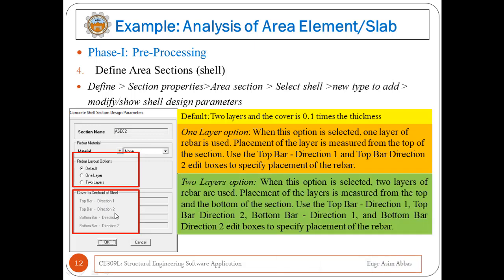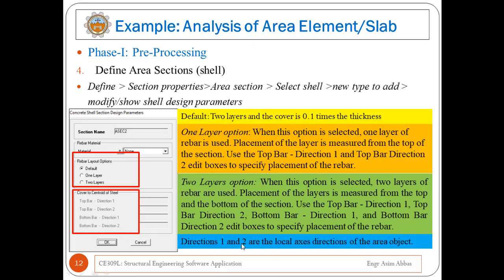If the 2 layer option is selected, it means that 2 layers of rebar will be provided at the top and bottom of the cross section along directions 1 and 2, right? The location of these 2 layers will be measured from the top and bottom of the cross section, and entered in cover to centroid of steel, top bar direction 1, top bar direction 2, then bottom bar direction 1 and bottom bar direction 2. Directions 1 and 2 are the local axis directions of the area object.